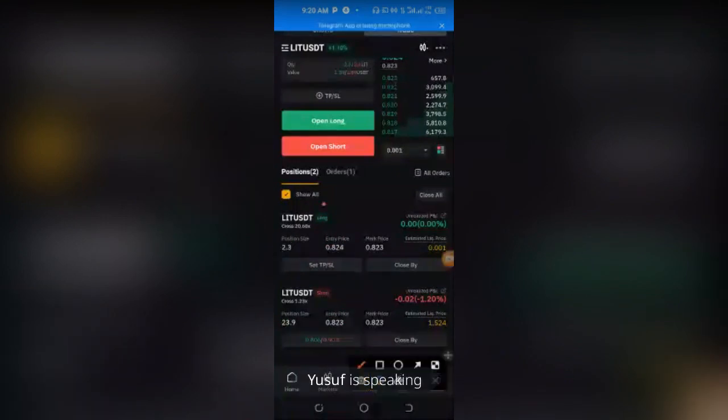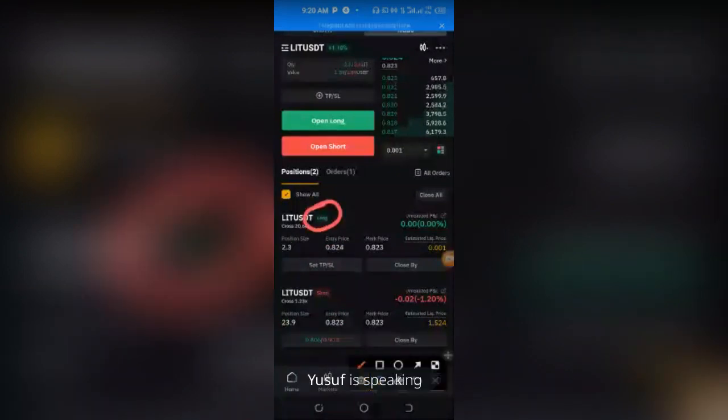One is a long trade, the other one is a short trade, as you can see. So in futures, it gives you an advantage to trade on both sides of the market, even at the same time, on the same coin. So this is how to set your trade.